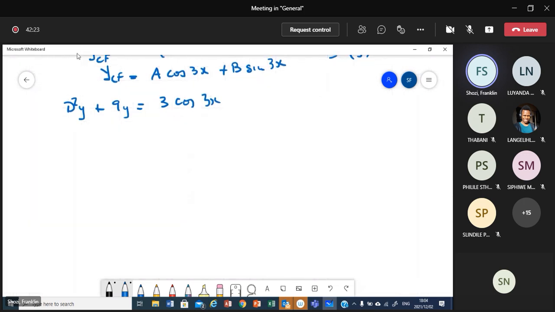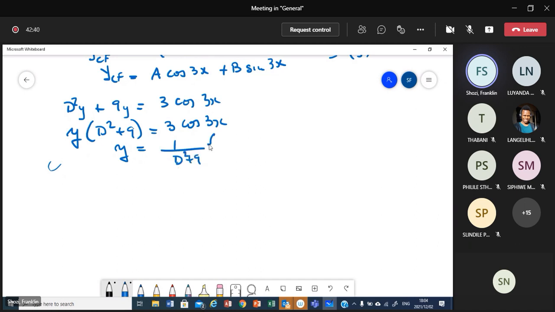Then y into d squared plus 9 is equal to 3 cos 3x. Solve for y. Your y is just 1 over d squared plus 9 acting on 3 cos 3x. Now, what do we call this y there? We call it ypi now, the particular integral.